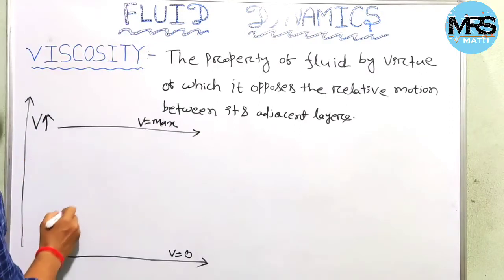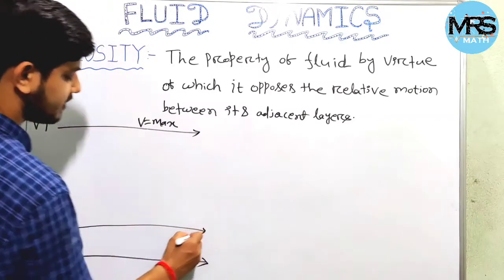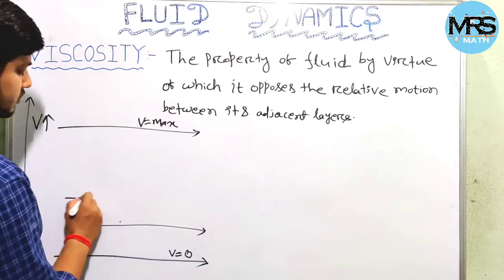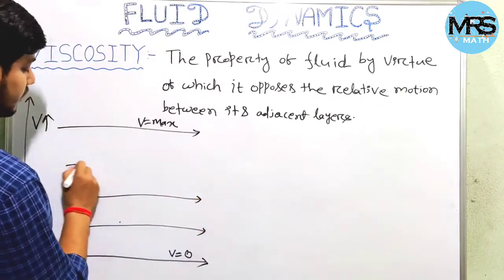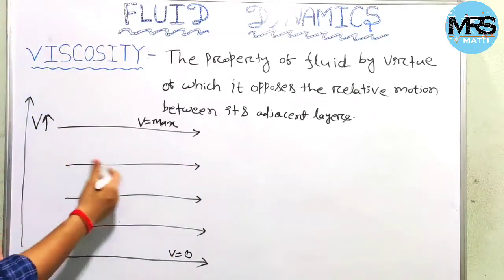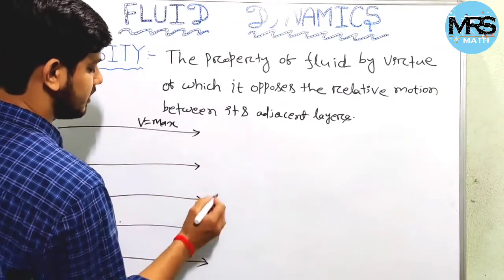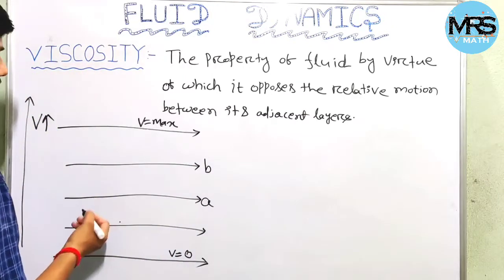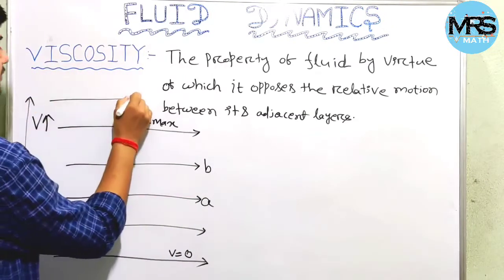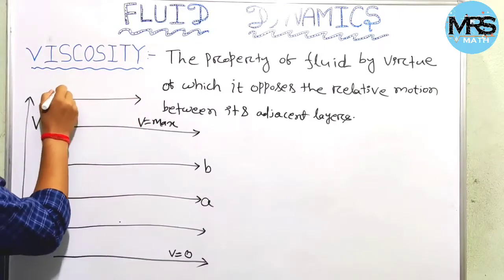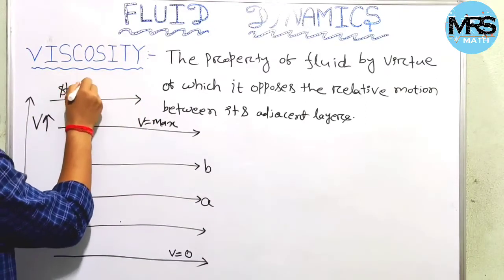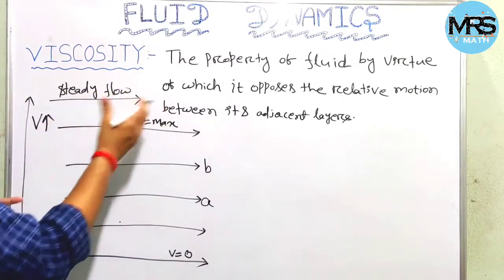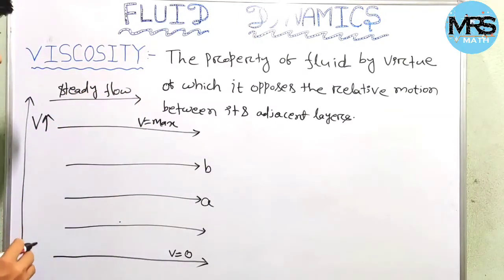And the flow of the fluid is in this direction. So consider any two layers. Let us say this is layer A and this is layer B, and the fluid flow is steady flow and streamline flow.